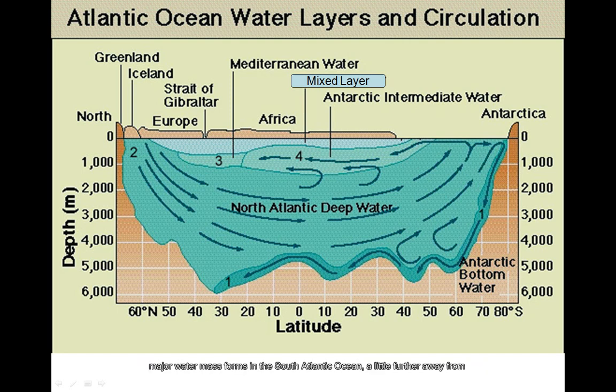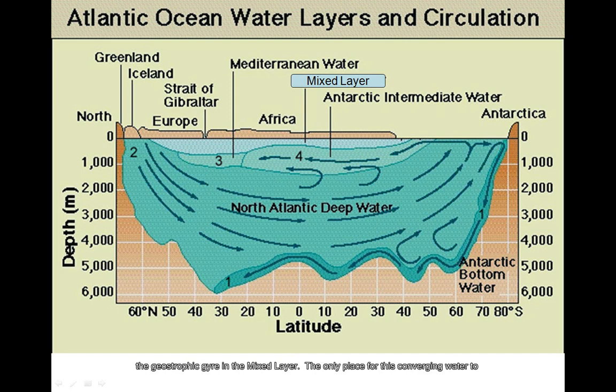Now, the last major water mass is going to form in the South Atlantic Ocean, just a little bit further away from Antarctica than we were looking before. Here, the North Atlantic deep water is rising to the surface, simply because there's so much of it. And some of it flows south to Antarctica and ends up forming Antarctic bottom water.